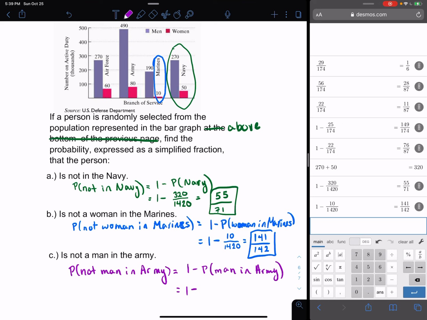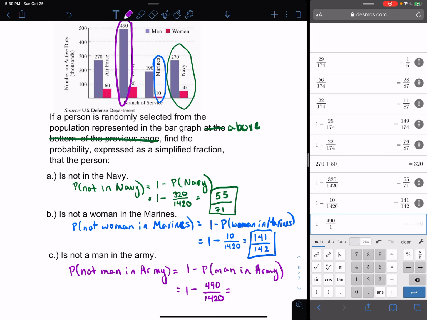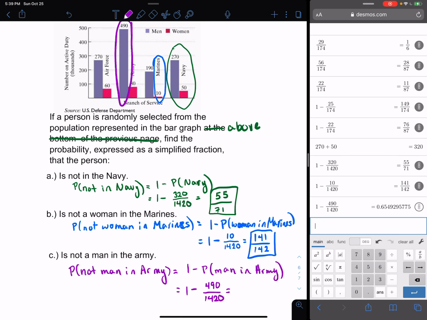If I look at the men in the Army, that's this tallest purple bar, which is 490,000. Put that over the total number of people that we looked at, which was the 1,420,000. So I'll do 1 minus 490 divided by 1420. I'm going to hit the fraction button, and it gives me 93 over 142.